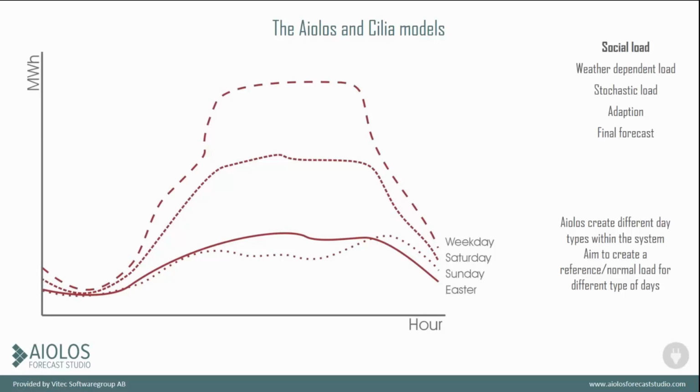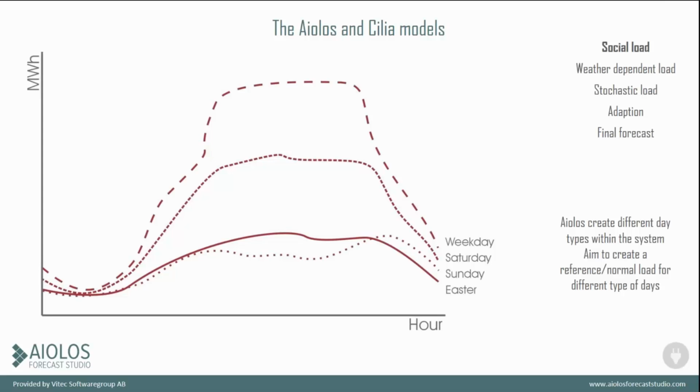You can define this for whatever holiday you want, for national holidays, for patron saint holidays and so on. Whenever there's some change in the social behavior that leads to a change in the consumption or load profile, it's good to define this in the day type.